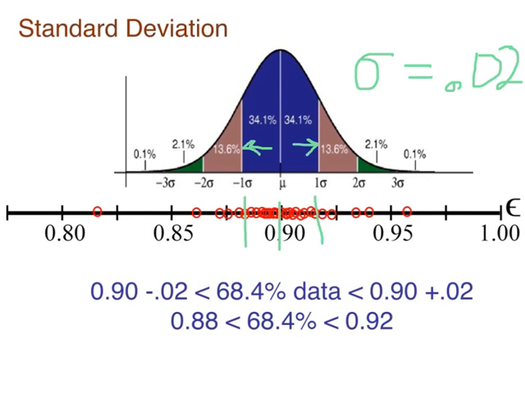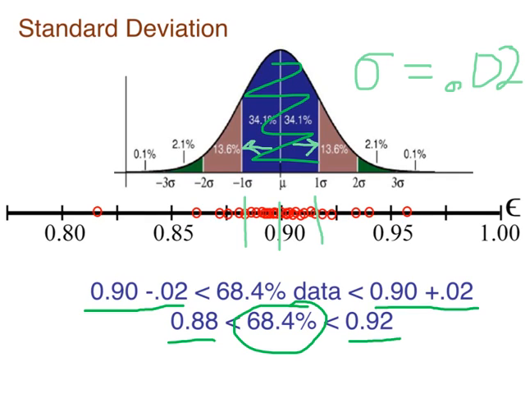If we subtract one standard deviation from the mean and add one standard deviation to the mean, then it turns out that in that little zone there, that's where we have 68.4%. So let's use this idea and compare your results with the cat's results.